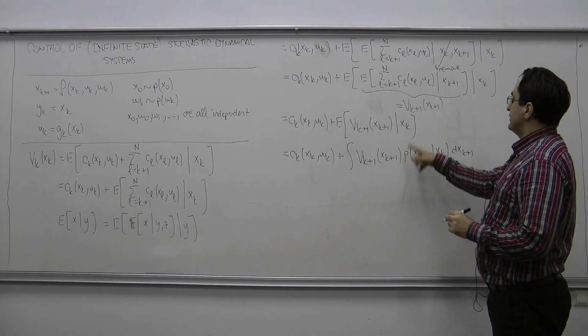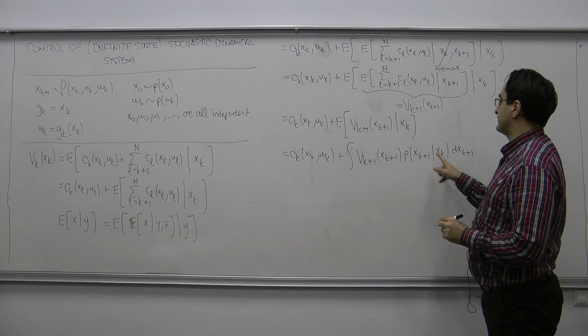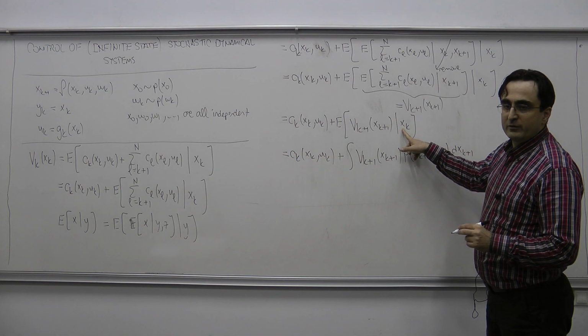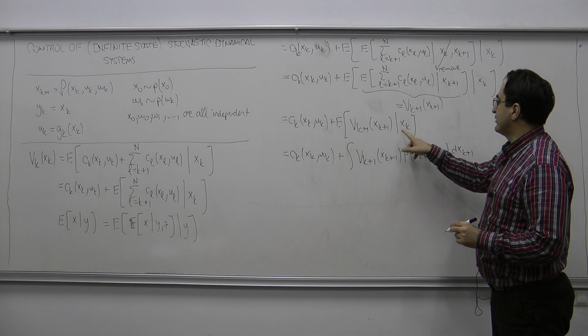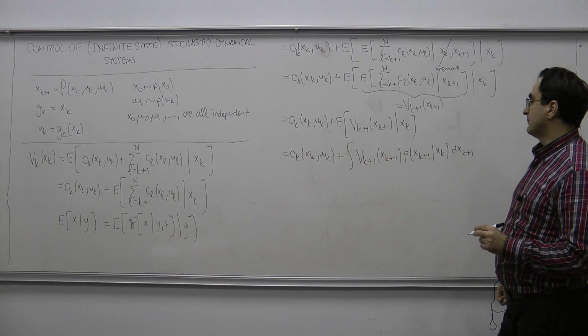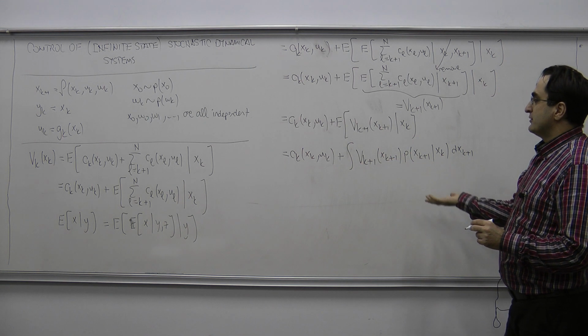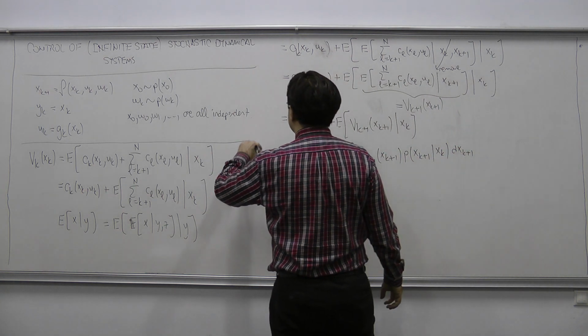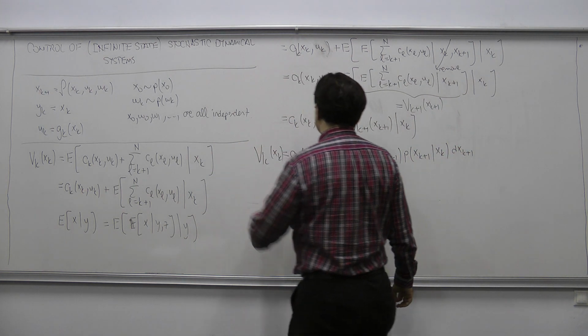I put here the conditional distribution of x_{k+1} given x_k because in this expectation there is this conditioning on x_k, and the expectation is with respect to x_{k+1}. So now if you look at this formula, remember this is v_k of x_k.